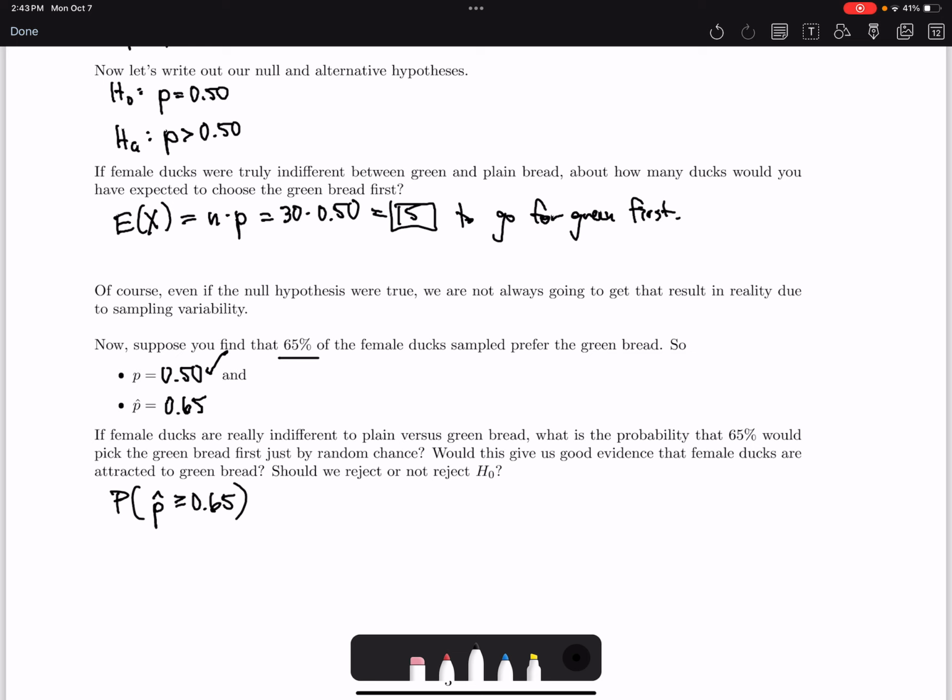What we said is that the sample proportion follows a normal distribution. So we're going to use the normal distribution in Desmos to calculate this probability. It follows a normal distribution with a mean of mu sub p hat. Mu sub p hat is the same thing as p. This was all from section 2.9, the sampling distribution of the sample proportion. And p, well, we're assuming that p is 50% from the null hypothesis.